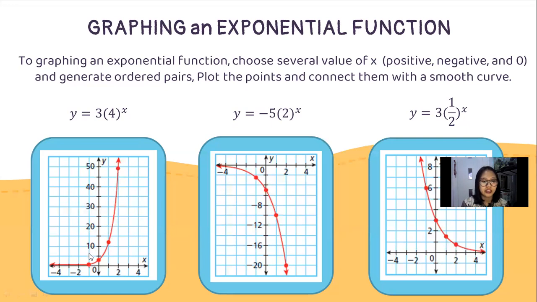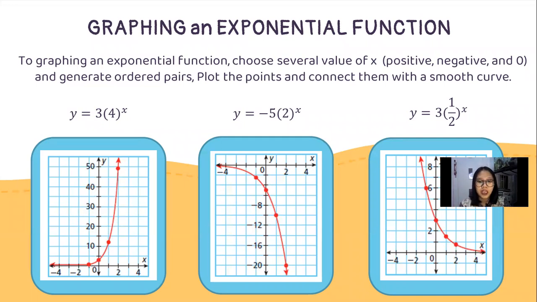If x is -1, then you substitute into the function, so y becomes 0.75. And if x is 0, we substitute, and then y becomes 3. And if x is 1, we substitute, and then y is 12, and so on.